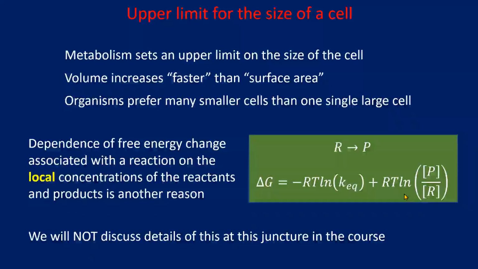We are not going to discuss this much, but the idea is that to have a faster metabolic rate, you need this ratio to be maximum, and that is the main idea behind having small cells.